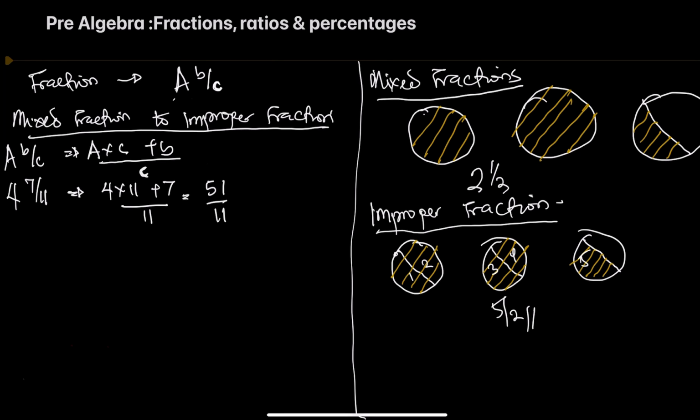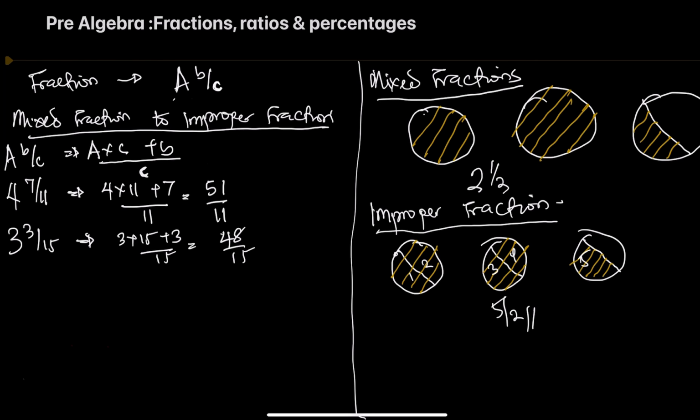So this is case 1. And then we could also look at 3 and 3 all over 15, another case. Here we could say 3 times 15 plus 3 all over 15, which is 48 all over 15. Right, so these are examples of how to convert a mixed fraction to an improper fraction.